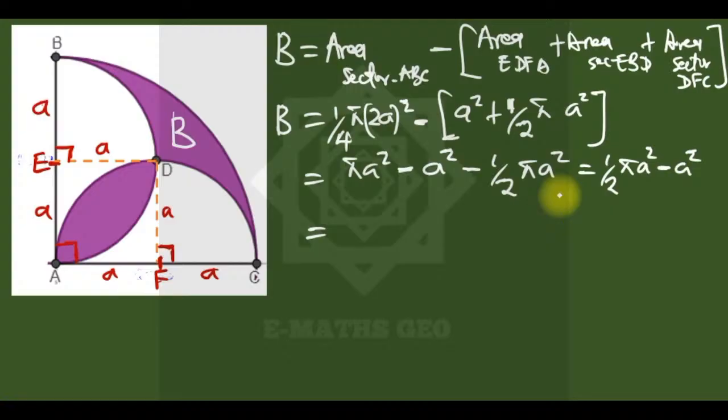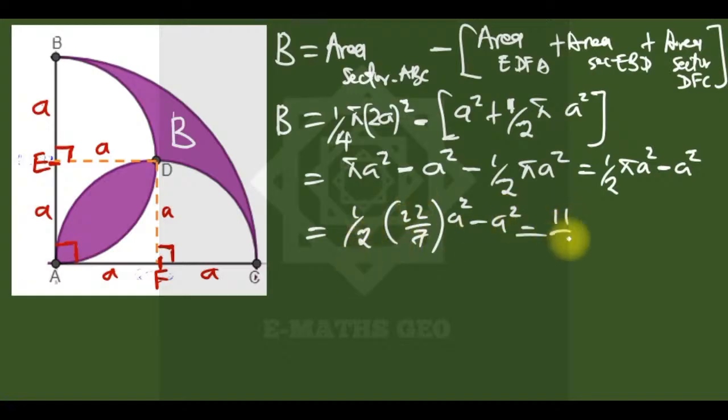And we know pi is 22/7. So pi is now half times 22/7 a squared minus a squared. This is 11/7 a squared minus a squared, which is now equal to 4/7 a squared.